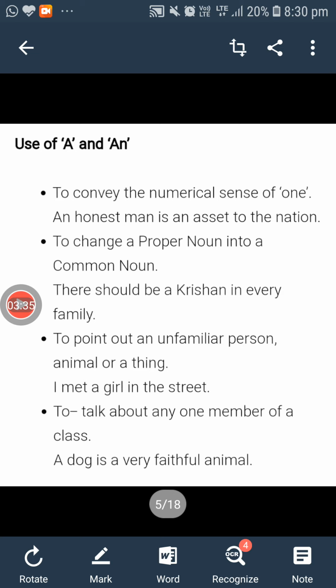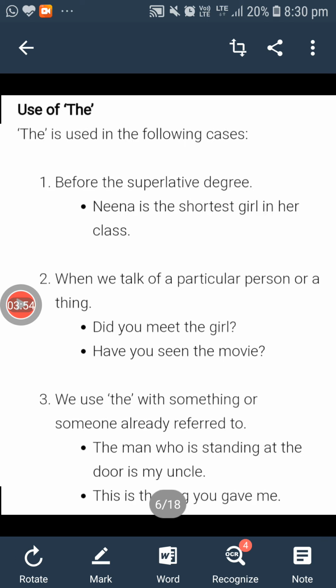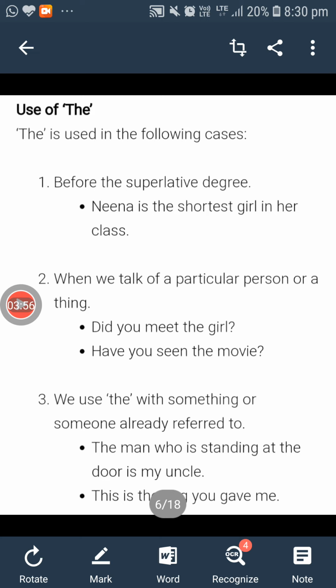And an is the indefinite article used in places where the following word is a singular countable noun and starts with a vowel: a, e, i, o, u. Okay, so in that case we use an. And the is mostly used before both singular and plural nouns. Its main function is to specify a person, place or thing.